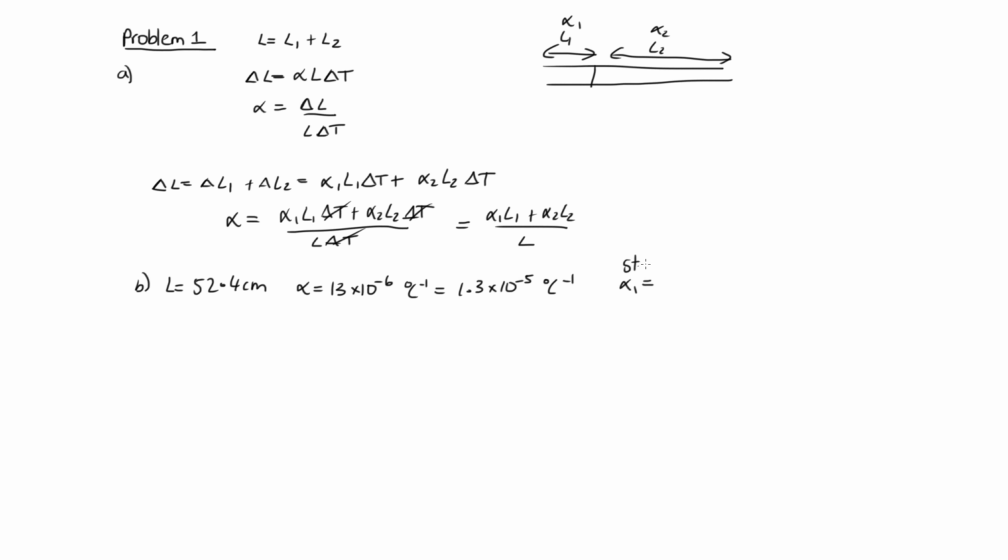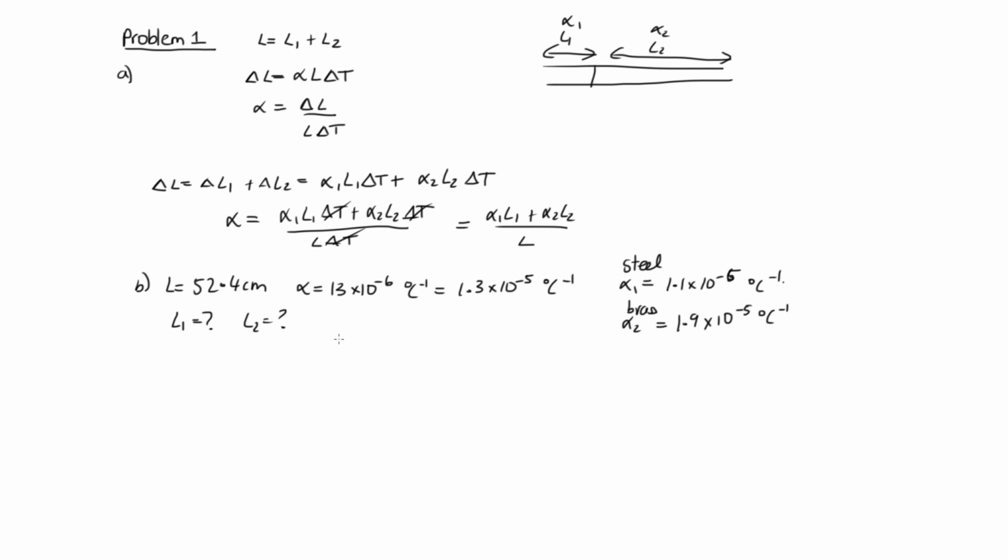So this will be steel, and this is equal to 1.1 times 10 to the minus 5 per degree C. And alpha 2, this is the brass, is equal to 1.9 times 10 to the minus 5 per degree C. And we're asked, well, what's L1, the length of the steel, and what's L2, the length of the brass.